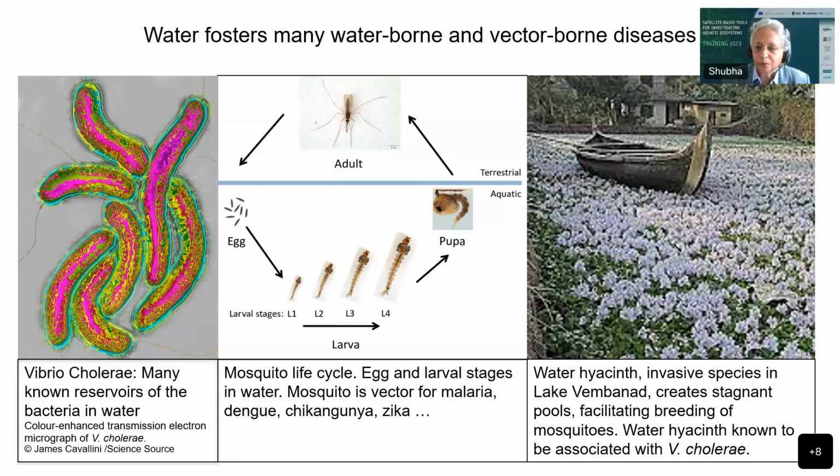Macrophytes, or large floating vegetation, which sometimes may be invasive in certain regions, such as the water hyacinth in Vembanad Lake, may be very beautiful, but they can create stagnant pools, facilitating mosquito breeding.